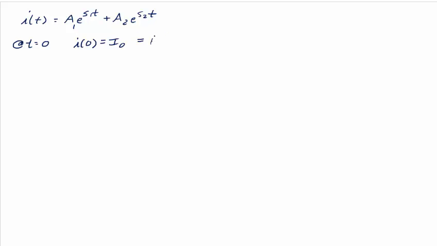So that's A1 e to the S1 times 0 plus A2 e to the S2 times 0. So that's A1 plus A2. I said we need two initial conditions to figure out what A1 and A2 are. So this is one of our equations.